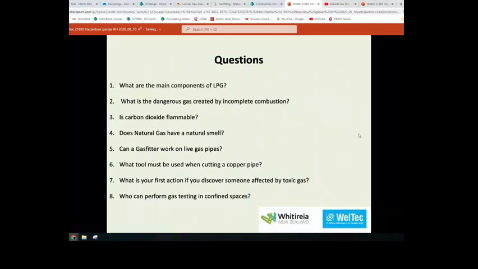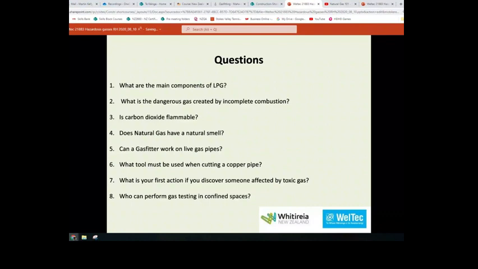Is carbon dioxide flammable? No. Does natural gas have a natural smell? This is almost a trick question. No. Correct. Can a gas fitter work on live gas pipes? No, he can't.